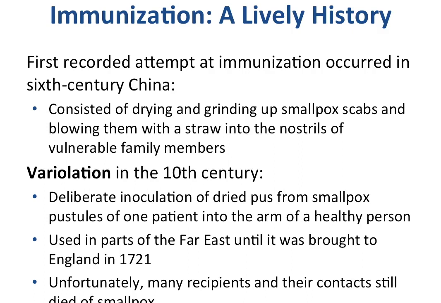The first variolation was in the 10th century. People tried to inoculate the dried pus from smallpox of one patient to a healthy person, to let the person get the immunity against the smallpox.